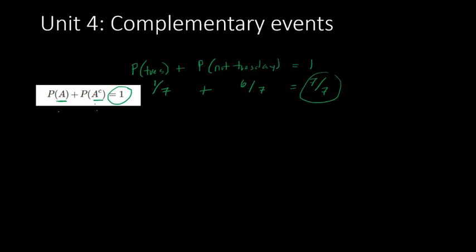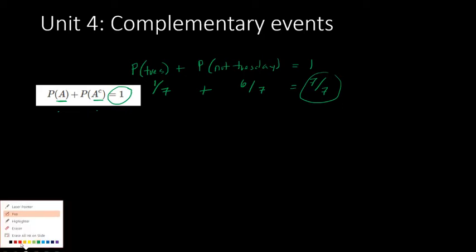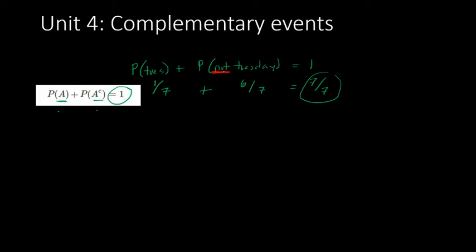Now, complementary events are not always written in the sense of happening or not. For example, let's say that I am on a path and it has a fork and I either have to go left or right.